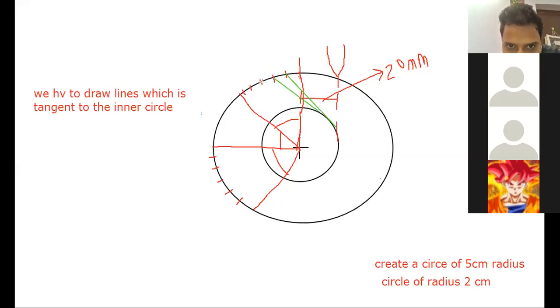Yes, sir. Sir, everything should meet at the same point, sir. No, it should be tangent. They're not meeting at the same point. It's just tangent to the inner circle, the smaller circle.